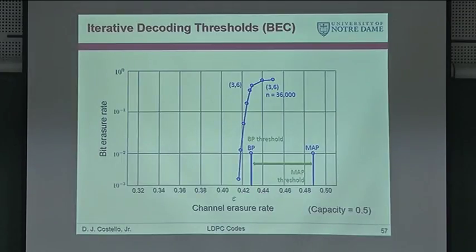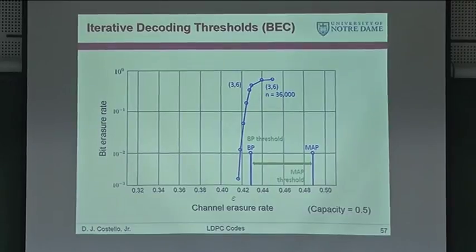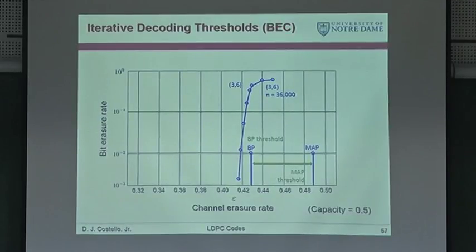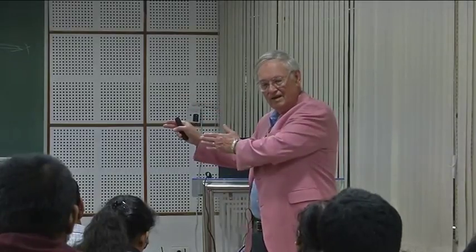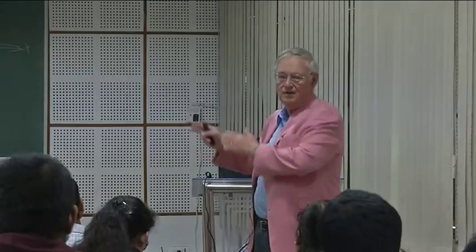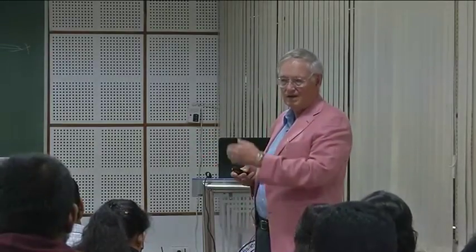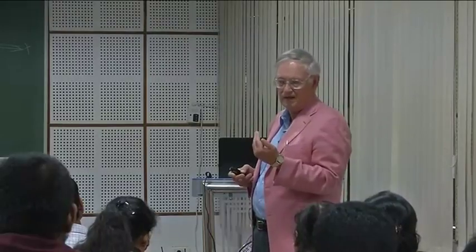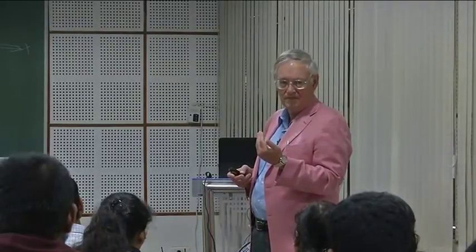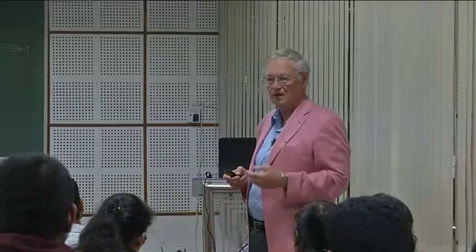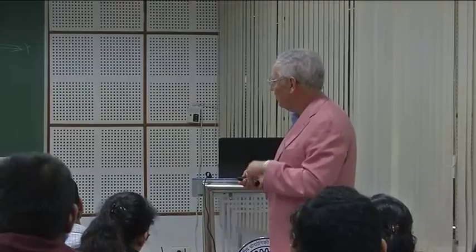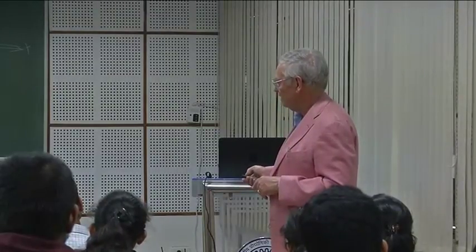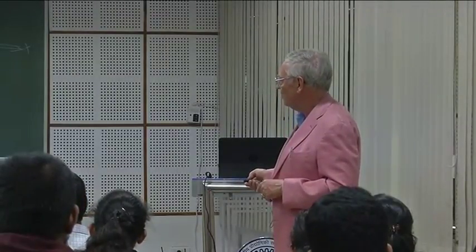That's what the capacity theorem says. But suboptimum ensembles, like 3/6 regular LDPC codes, are not capable of getting to capacity even with MAP decoding, because they pay a penalty. We saw the penalty they pay in terms of minimum distance, say, for the nice structure that they have to make it easy to decode. But their MAP decoding threshold is pretty close to capacity. It's almost 0.49.